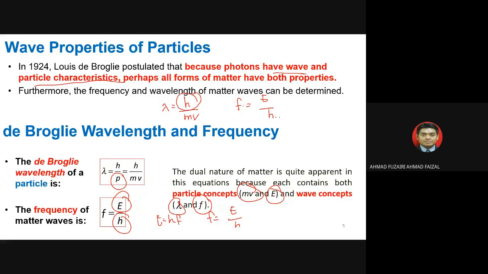Both have Planck's constant. Frequency is the wave concept, and energy is for the particle. The mv, or p, is for the particle, but lambda is for the wave. So it combines nicely to explain that light has a duality behavior.